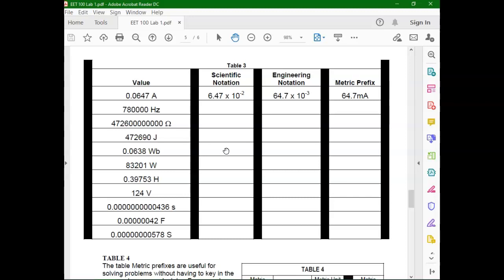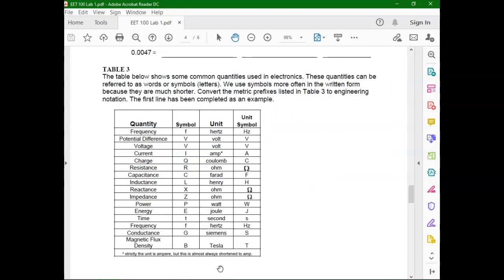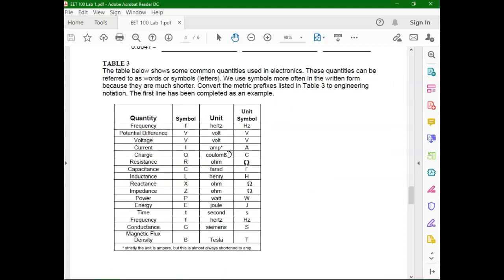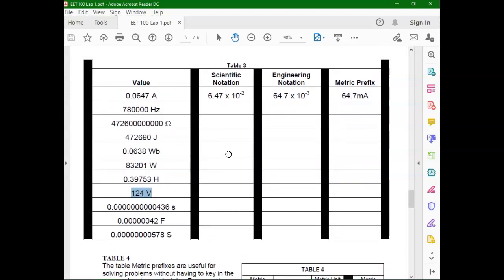You're fine. All right, guys, so let's take a look at a few of these. So one of the ones I want to look at is this guy right here, this 124V. Now, if you had looked at this table at all, V stands for volt, and we'll get into what exactly voltage is and all that after we do test one, which I believe we need to get knocked out on Wednesday.